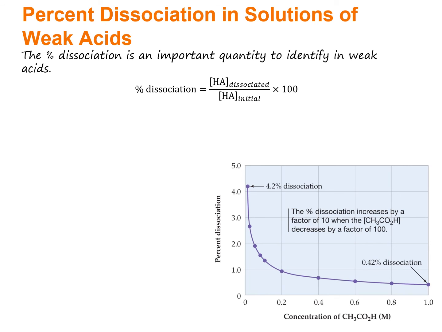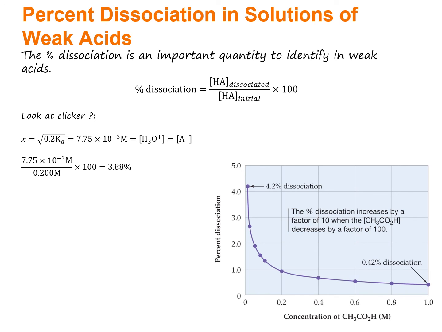Even in this clicker question, we had 7.75 times 10 to the minus 3 molar dissociate. We started with 0.2 molar, and multiplying by 100, we end up with 3.88. That percent dissociation is what we use to define whether our approximation is good. When the percent dissociation is greater than 5%, the simplification we've been using is not good enough. It's something we've already calculated, actually.